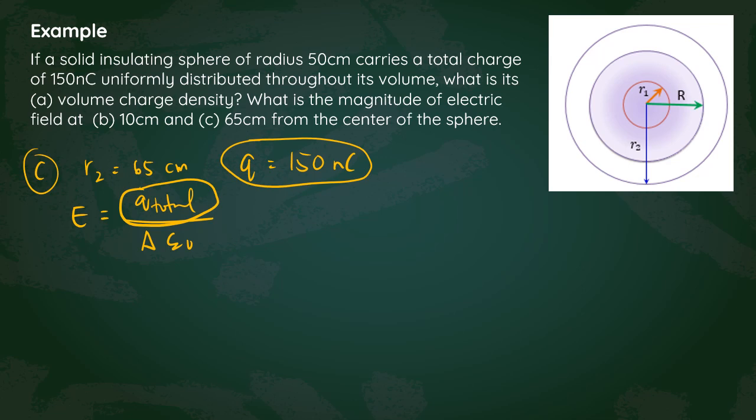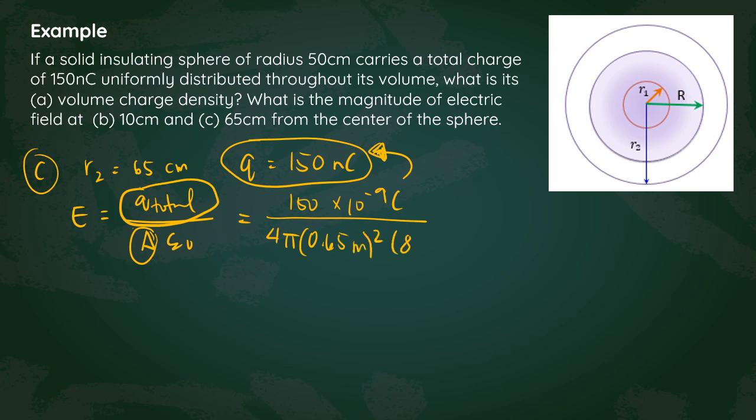So what we need to change here is just the formula for the surface area of the sphere. So the total charge is 150 times 10 raised to negative 9 coulombs, divided by 4 pi times the radius, 0.65 meters, squared, times your permittivity of free space, which is a constant.